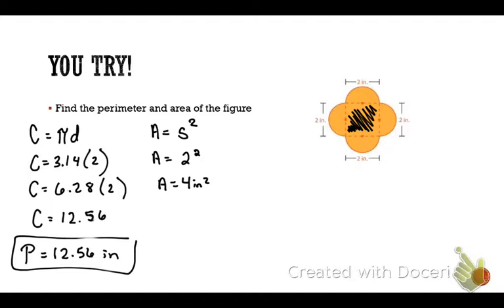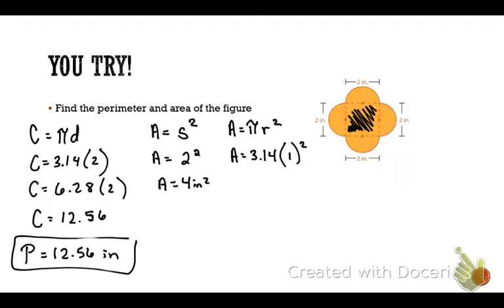Now I need to calculate my semicircles. So let's say that formula together. A equals pi r squared. So pi is 3.14. What is the radius of one of my semicircles? 1, because I have to half the diameter. Well, that makes it easy. What's 1 squared? 1.